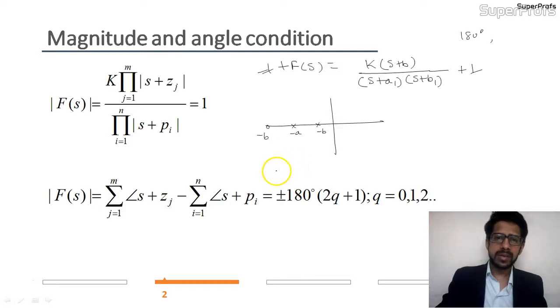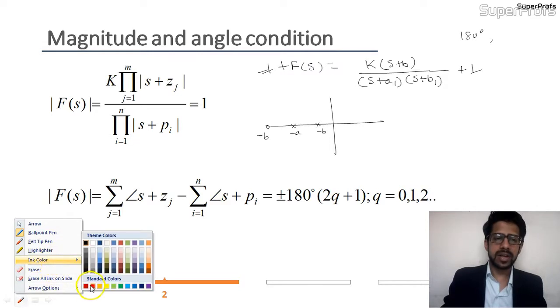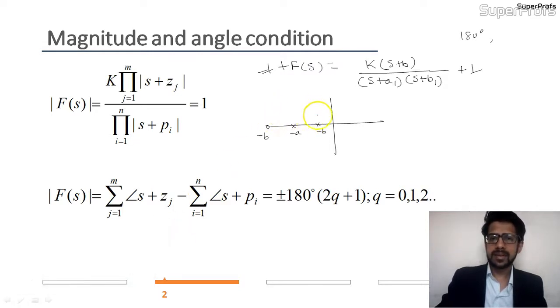Now we are going to check if the required point that we are looking at is satisfying the angle condition or not. So let us say we have s naught between a1 and b1, or say minus a1 to minus b1. Let us plot s naught here.